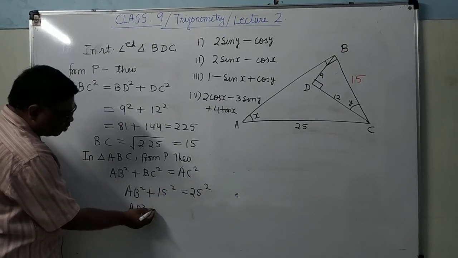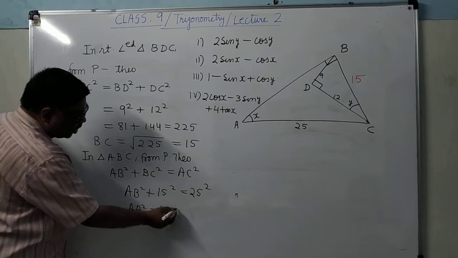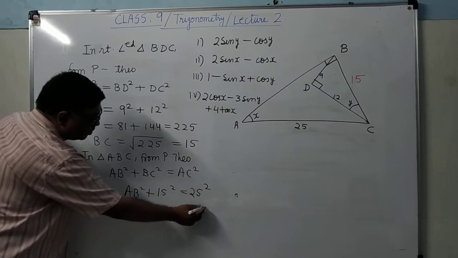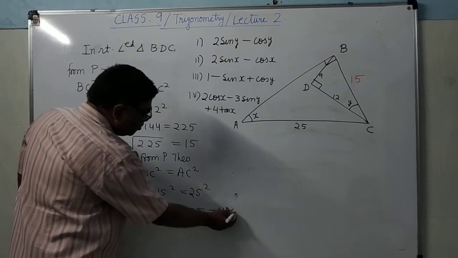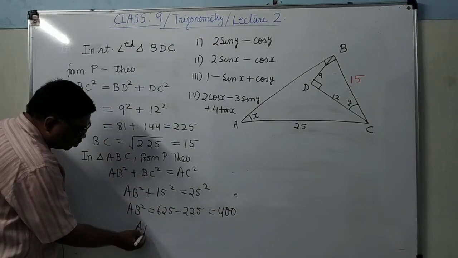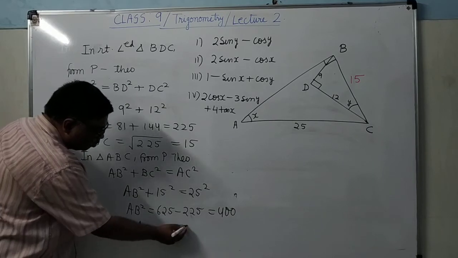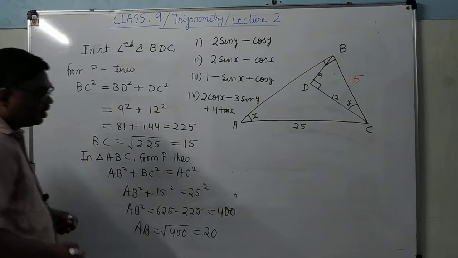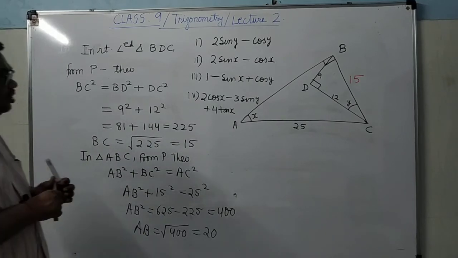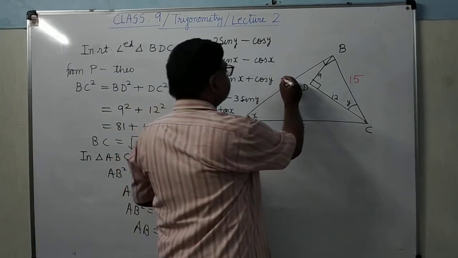So AB square is 625 minus 225, so it will be equal to 400. So AB equals square root 400, that is 20. Here this side is 20. It's clear?